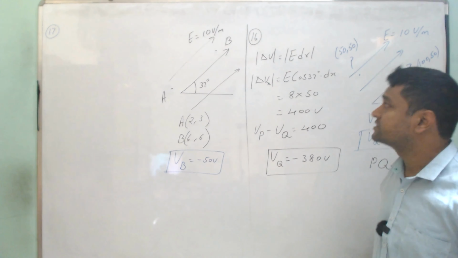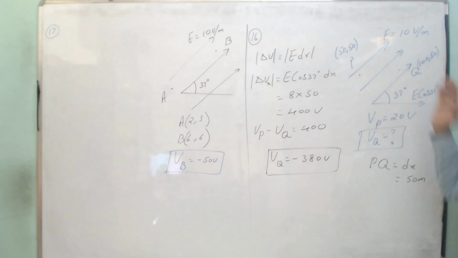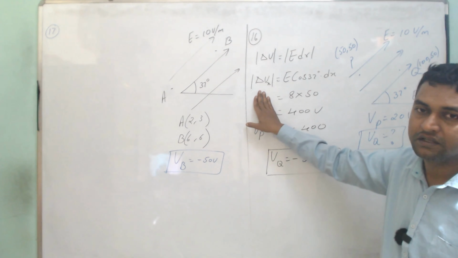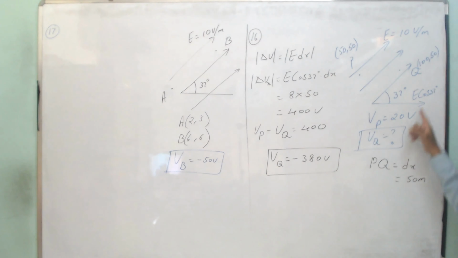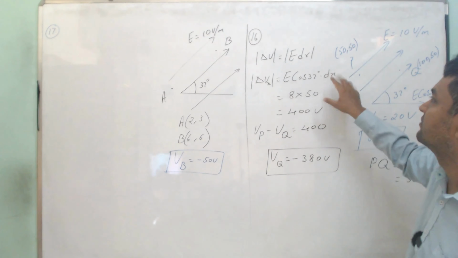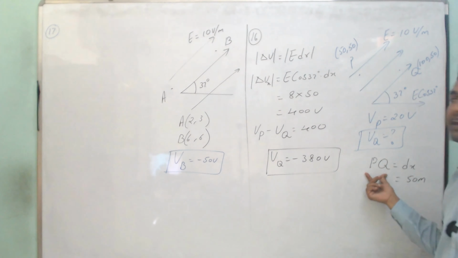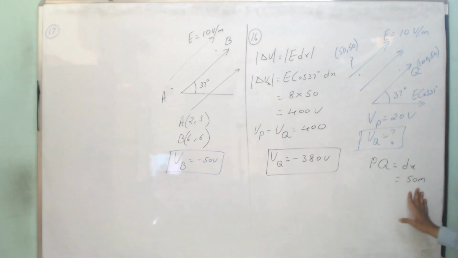That means when I am doing delta V between P and Q, it is nothing but delta Vx. In place of electric field, I will have Ex, which is E cos 37. And in place of dr, I will have dx, and that dx is nothing but the length of line PQ, which is 100 minus 50, which is 50 meters.